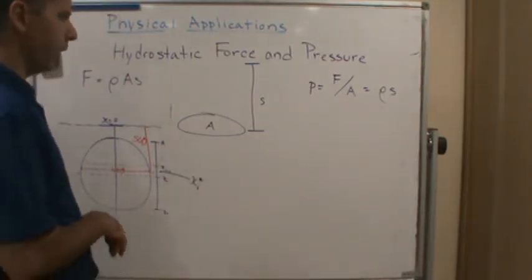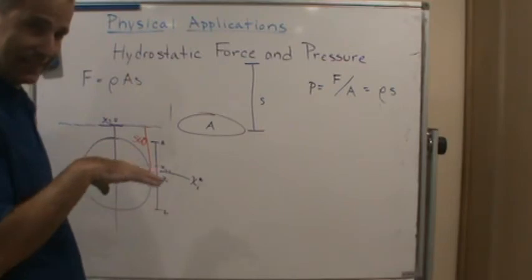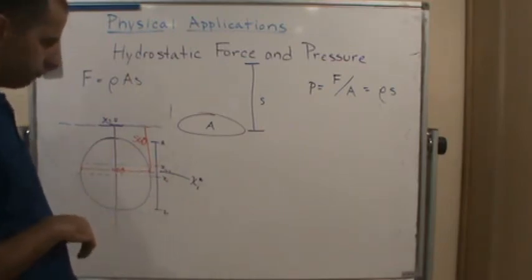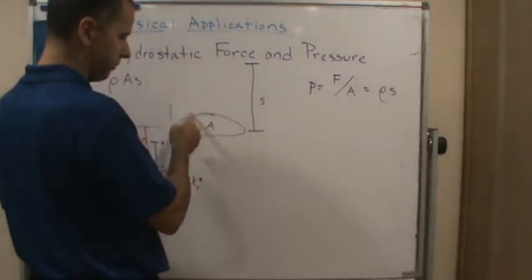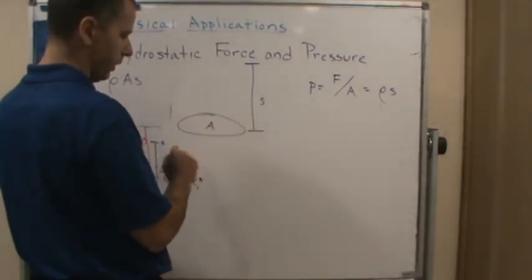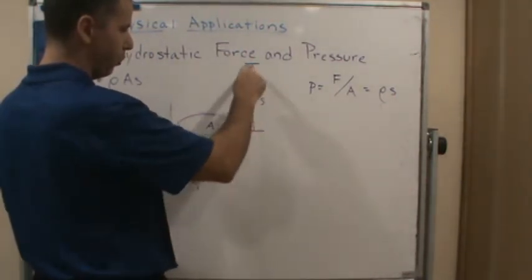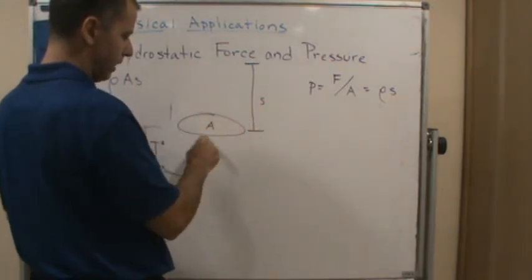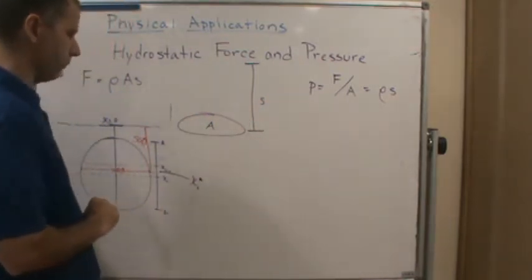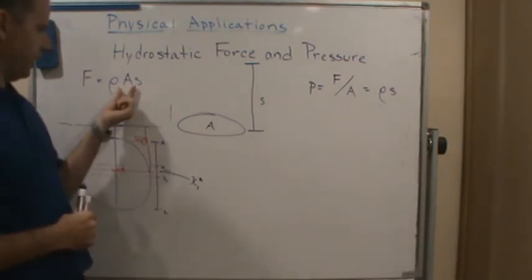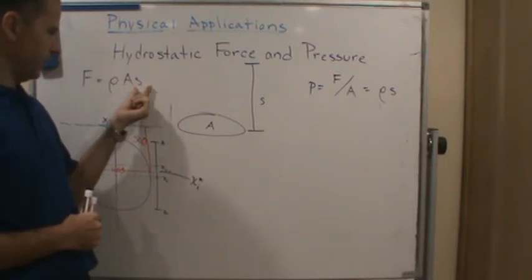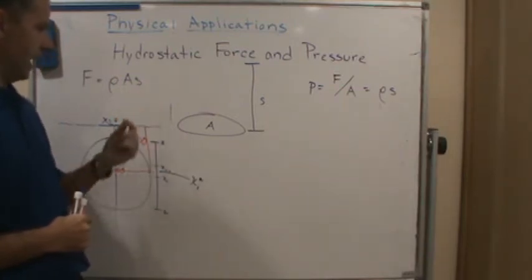Okay, well, the force that's acting on the plate is really the area, right? And it's the amount of water that's above this area. Okay, so to find the force, we take the area and multiply by the depth, right?